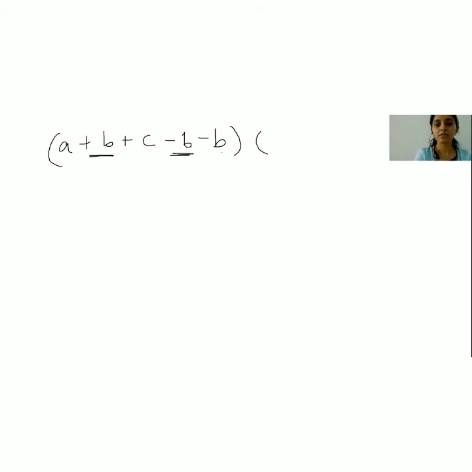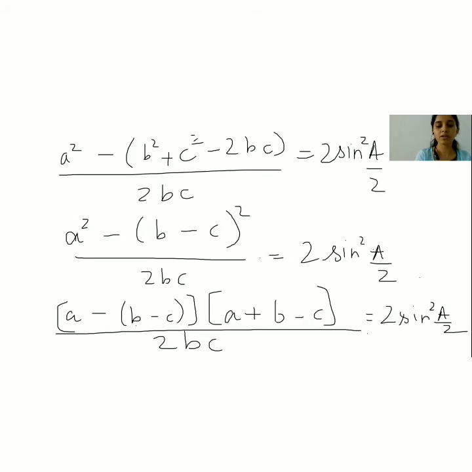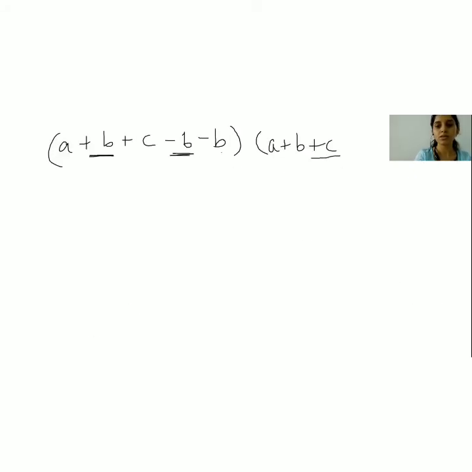Okay, and in the same second bracket also I'm going to write A plus B plus C. Okay, so now in the second bracket A plus B is there and there is a minus C. That means I have introduced a plus C. So I will also introduce a minus C to cancel it out, and the minus C that is already present in it, and then the 2BC.